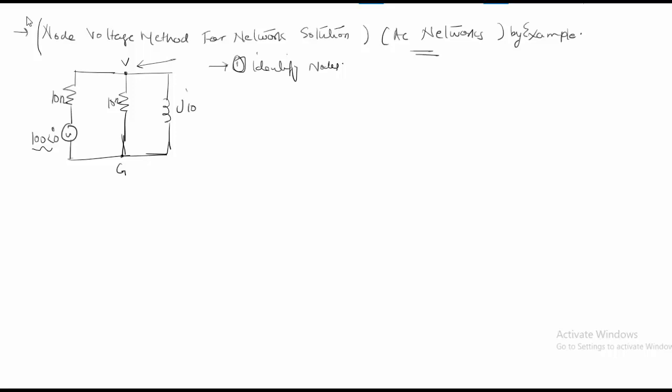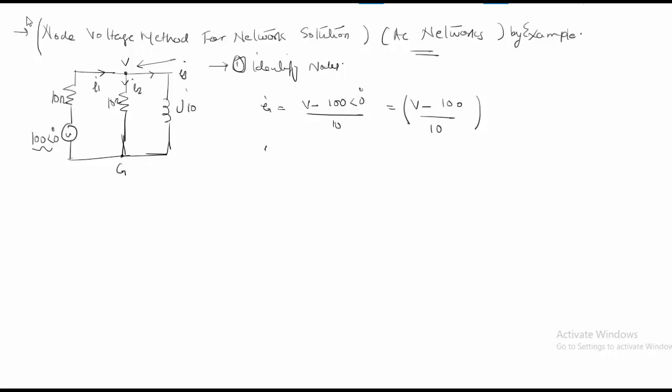If I have the branch currents as I1, I2 and I3, then I1 is equal to V minus 100 divided by 10, since this is cos theta minus j sin theta and theta is 0.